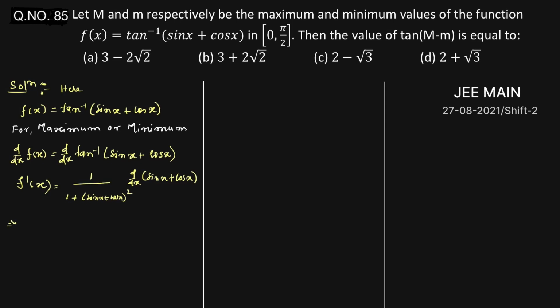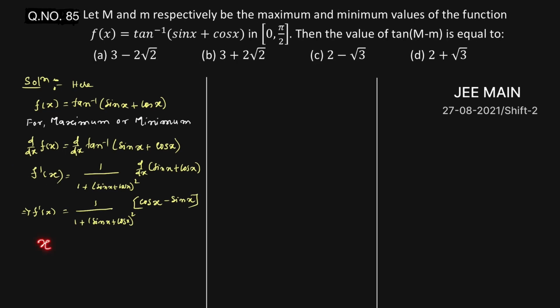So f dash x we are able to write as 1 upon 1 plus sin x plus cos x whole square, times d/dx of sin x, that is cos x, d/dx of cos x, that is minus sin x.